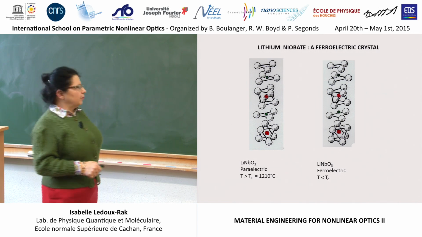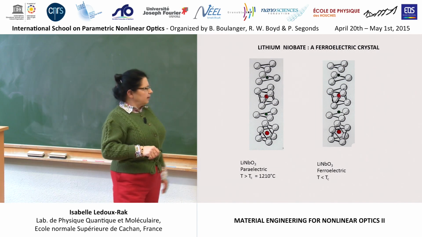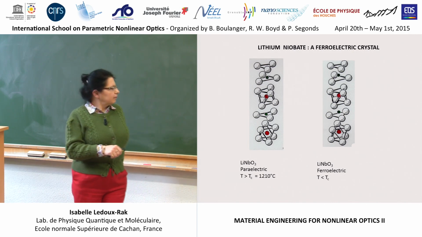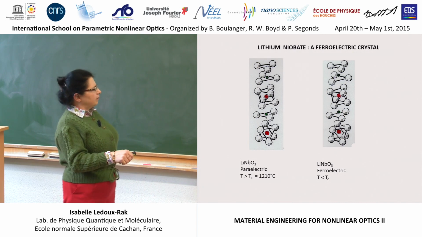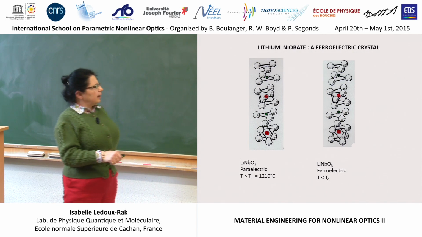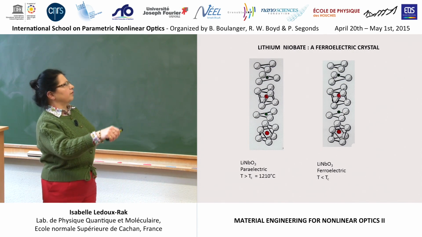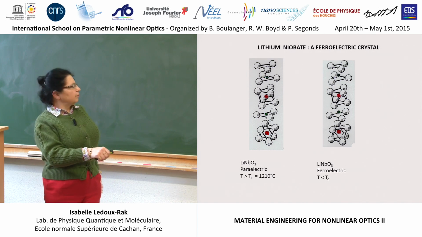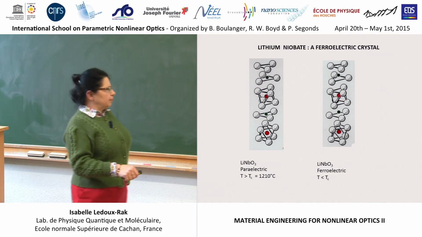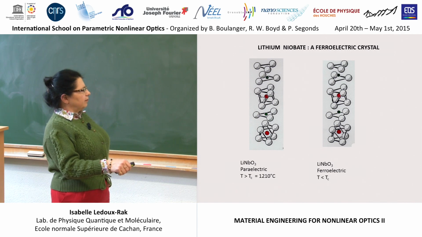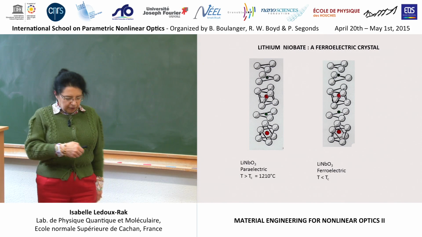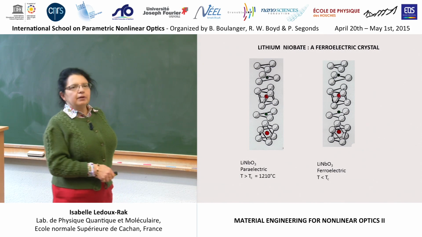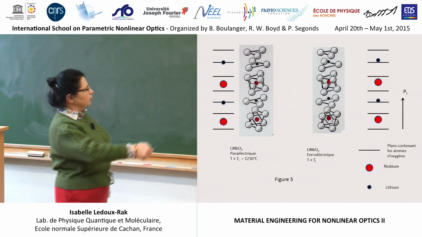Lithium niobate has 2 possible phases, paraelectric phase, non-polar, but at high temperature. And you can see here that the atoms, lithium and niobium, are still in the center of their respective oxygen environment. But at room temperature, they are ferroelectric, and there is the displacement of these ions along a given axis, which provides some polar response.